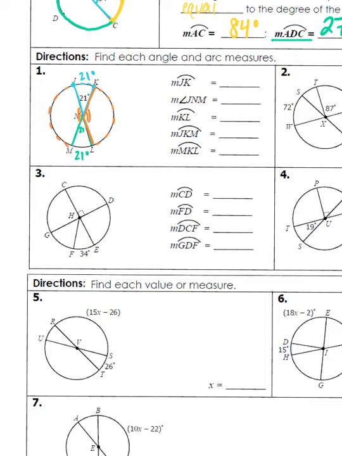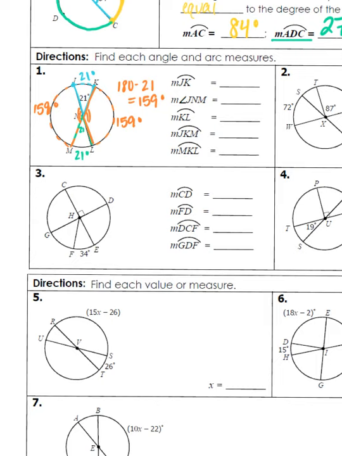All right, so in order to find the measure of arc or angle KNL, you might realize that KM is a diameter. Since KM is a straight line, that's 180 degrees. So to find this angle, KNL, it creates a straight line with a 21-degree angle. So we could do 180 minus 21, and that gives us a grand total of 159. So this arc is 159, and this arc is also 159.